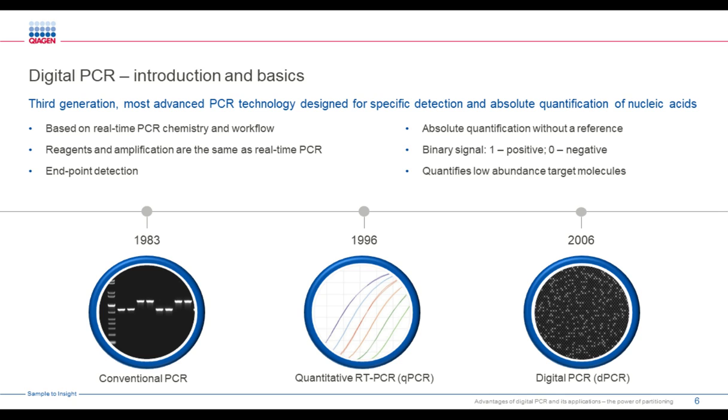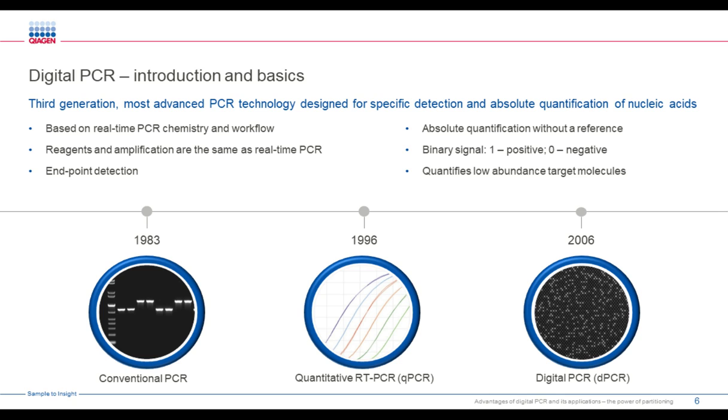Now, when we switch to digital PCR, it is still, and this is very important, an endpoint measurement. We are using the chemistry for qPCR, and this is why many people make a very common mistake, thinking that digital PCR is based on efficiency, which it is not. It's an endpoint measurement.